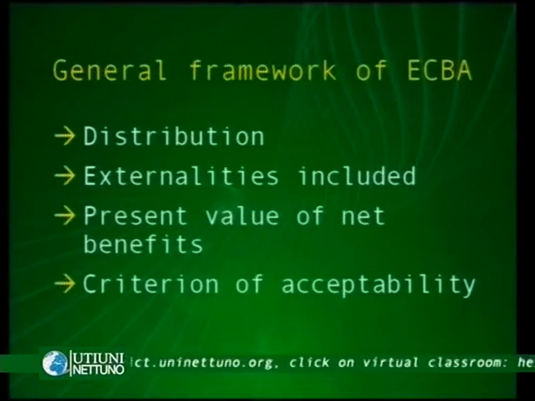So the fact that benefits and costs also have a given distribution across contemporaries or generations is something that matters for the achievement of the social objective of the government. Then externalities have to be included.